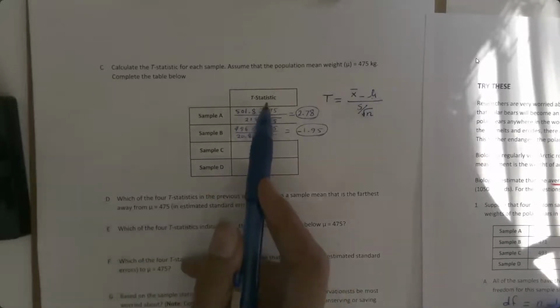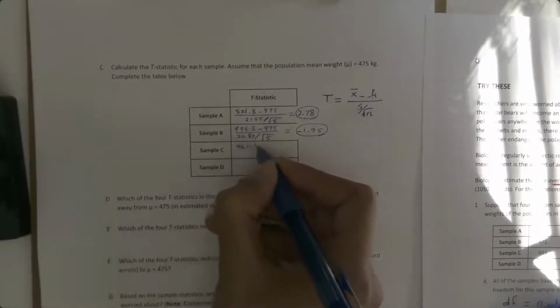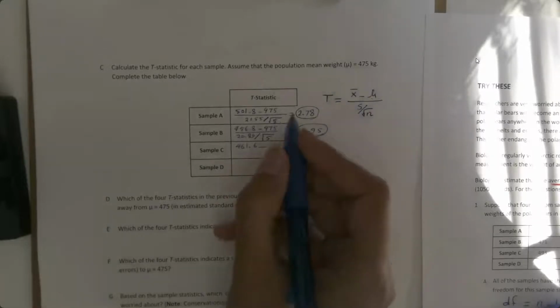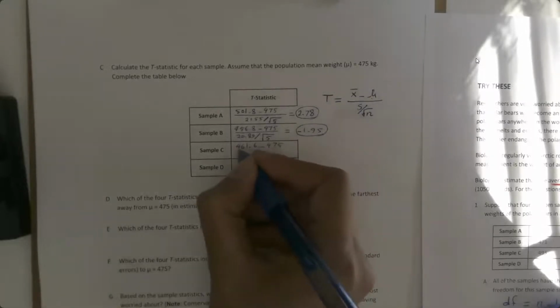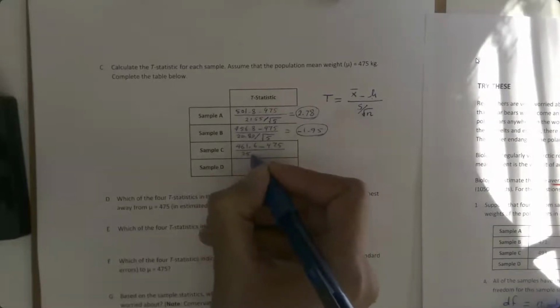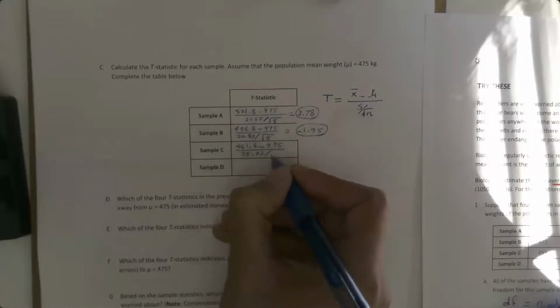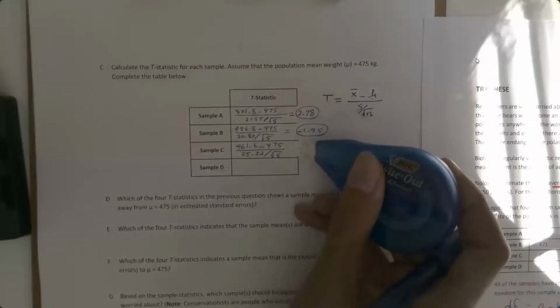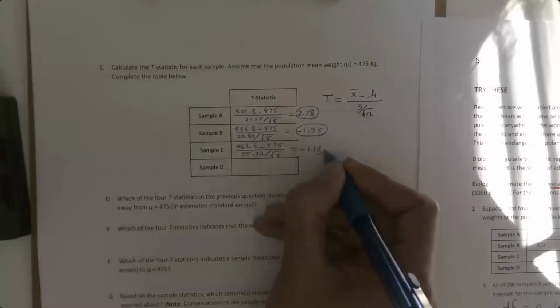What about the t statistic for the third sample? If we continue doing the calculation, x bar is 461.6 minus the mean 475, divided by the standard deviation, which we calculated as 25.32 over square root of 5. This calculation gives us negative 1.18.